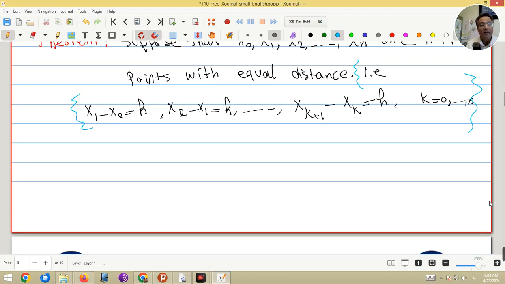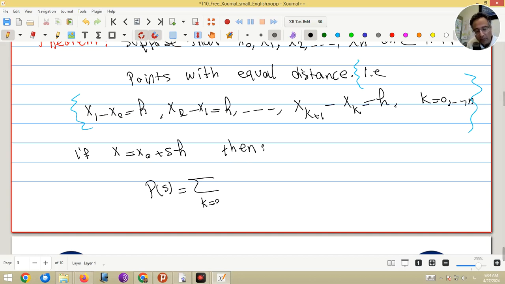Now I say if we define x equal to x0 plus sh, then P of s is equal to the sum over k equal to 0 to n of the combination of s choose k times delta k f of x0.